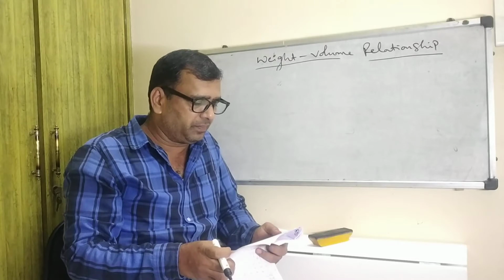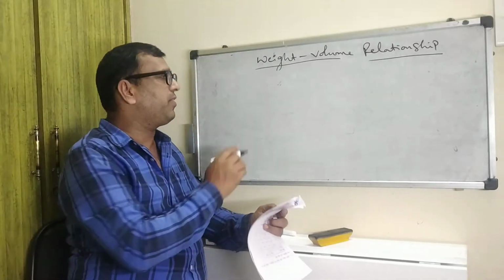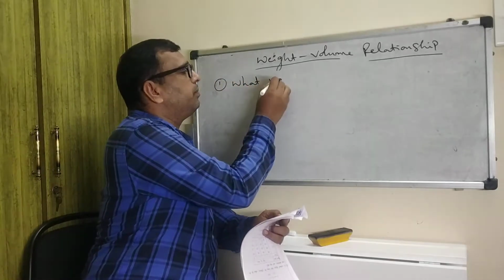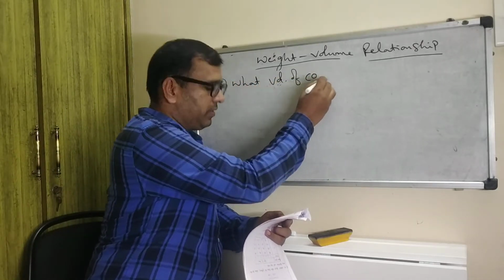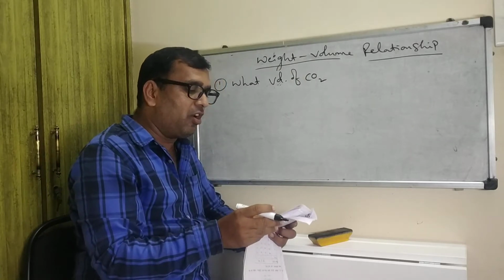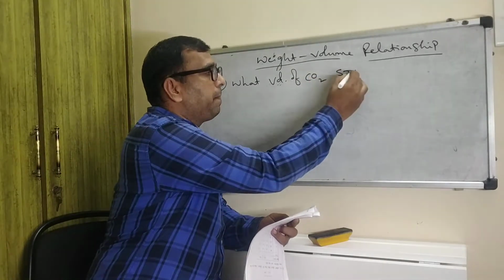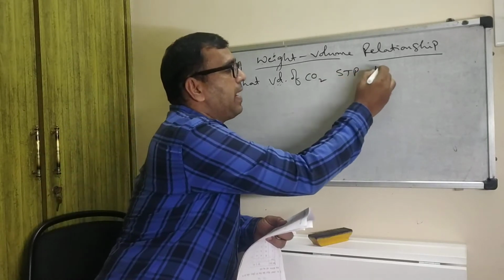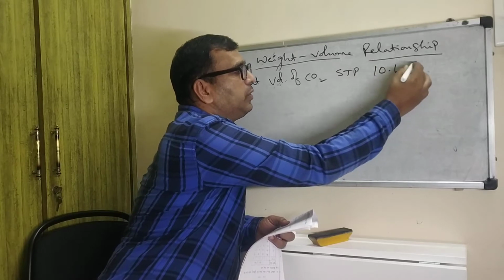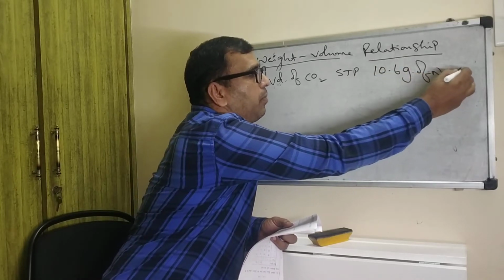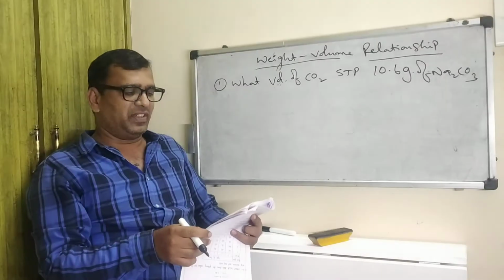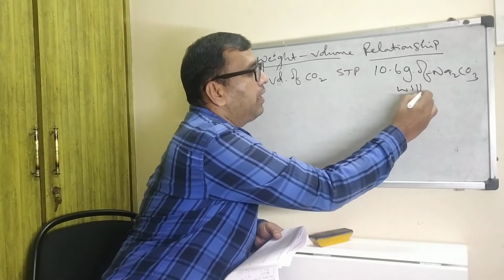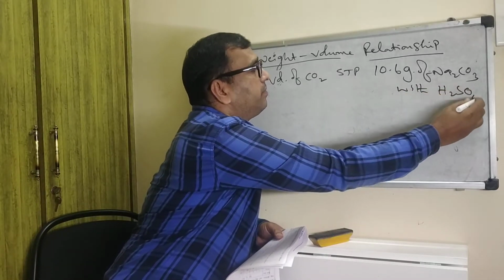First problem: what volume of carbon dioxide is evolved at STP on treating 10.6 grams of sodium carbonate with sulfuric acid?